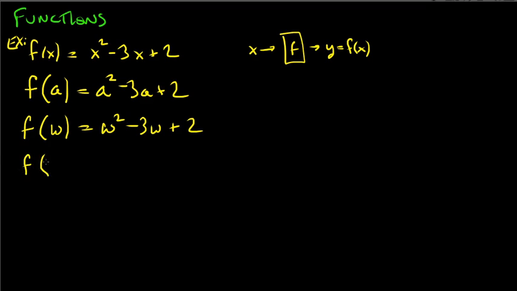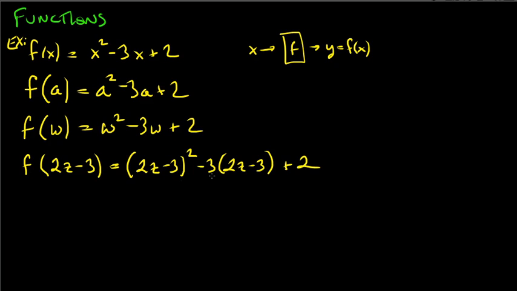But you can stick in something more complicated, like an expression. Suppose I have 2z minus 3. So what would f evaluated at 2z minus 3 be? Again, everywhere you see an x, you change it to 2z minus 3. That's all it is. Of course, you should know how to multiply all this out, so I'll do that quickly. You get 4z squared minus 12z plus 9, and then minus 6z plus 9 again, plus 2.